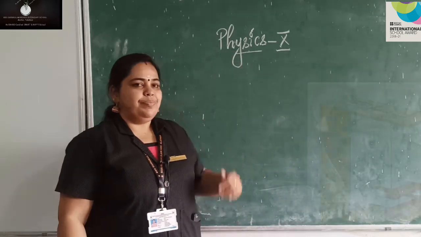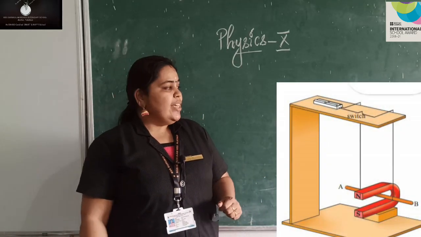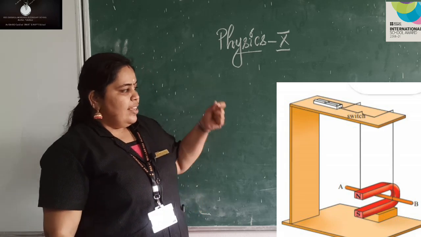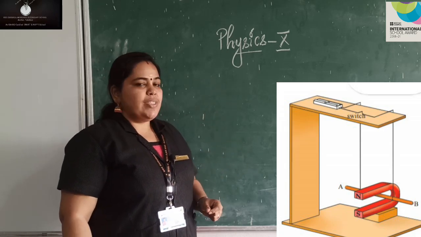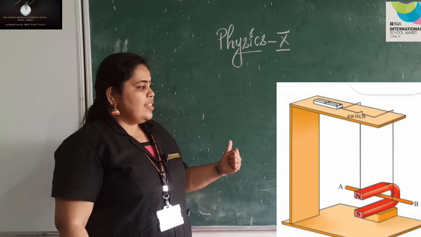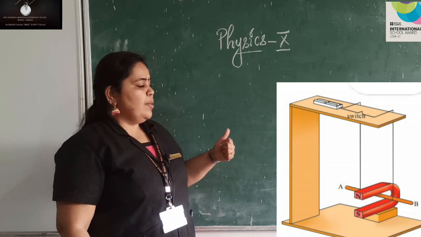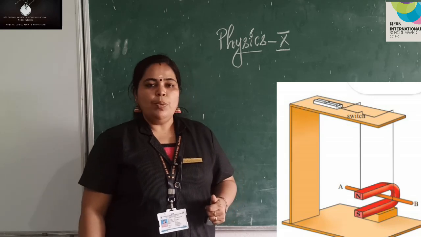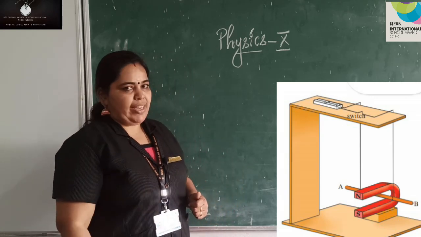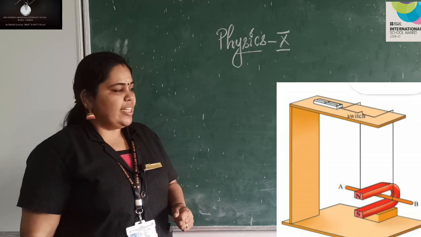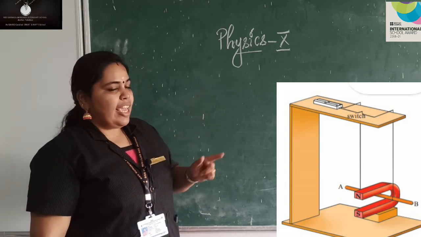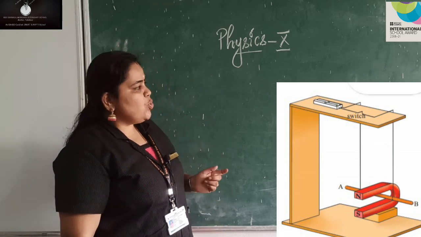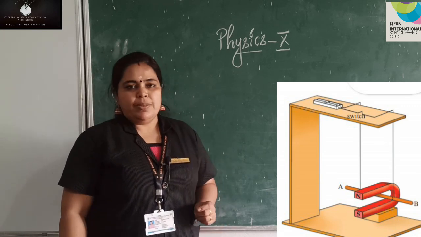Now, look at the figure. Here you can see a conductor AB is suspended using a copper wire and it is kept in between the pole pieces of a horseshoe magnet. It's a U-shaped magnet, that is a horseshoe magnet, and the conductor AB is kept in between that and it is connected to a battery through a switch.